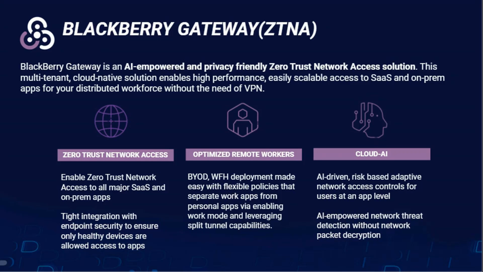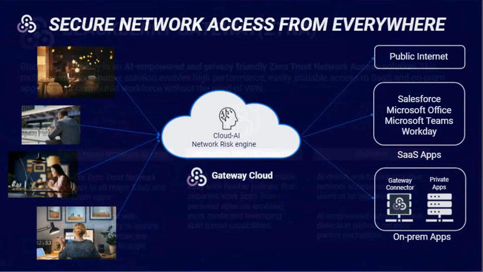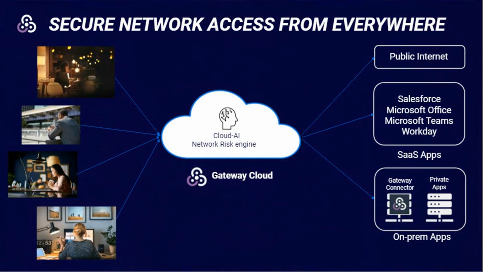Okay, let's take a little bit deeper look into how we go about enabling BlackBerry Gateway. We have a unified endpoint agent on Windows and macOS devices. You can enable secure network access from anywhere. If you're working from home, from a coffee shop, or traveling anywhere in the world, you are able to initiate the network resource access from your endpoints.